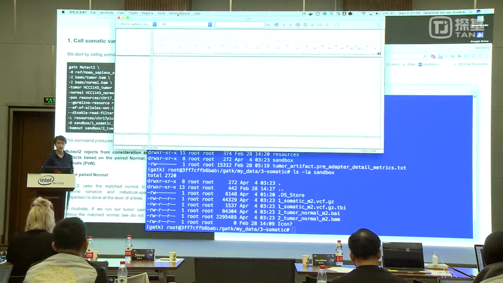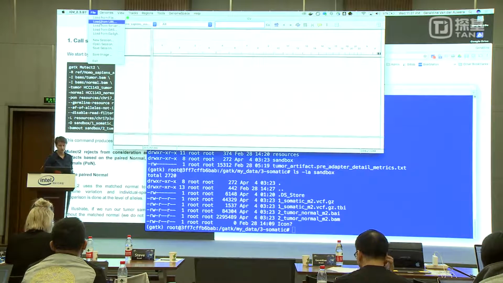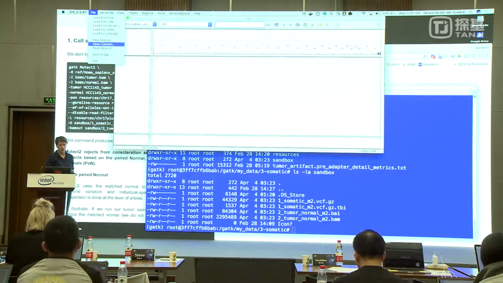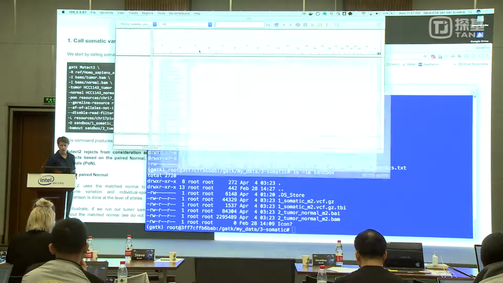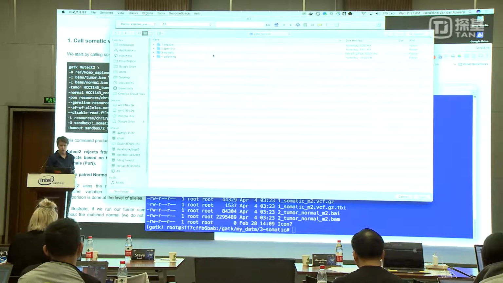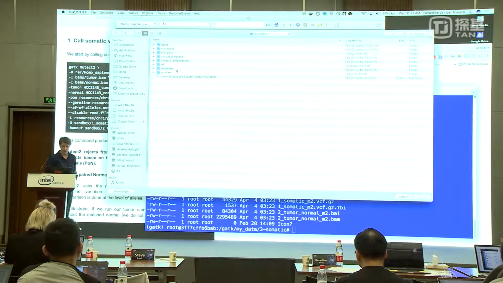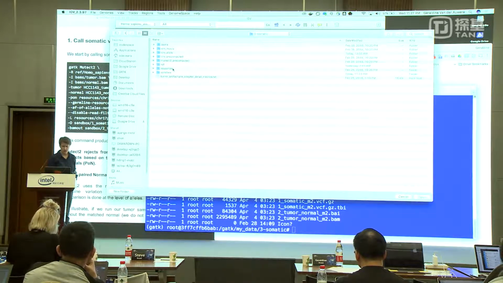Okay, so now I have my human genome reference loaded. Let's load two things. Let's load our VCF that we just produced, and let's load the BAM. The worksheet has you doing this a little bit later, but let's do this right away. Make sure you go into the day 3 somatic sandbox, of course.